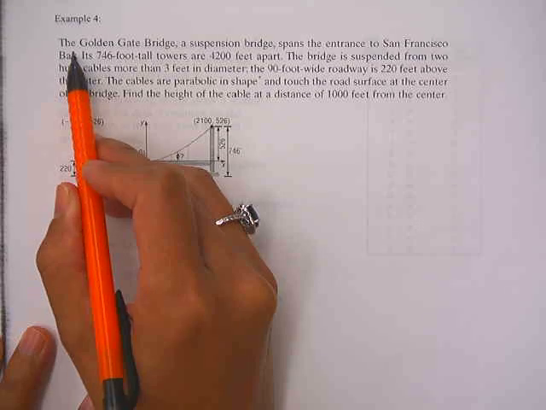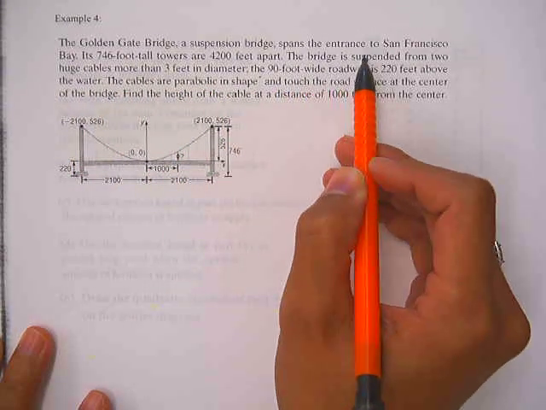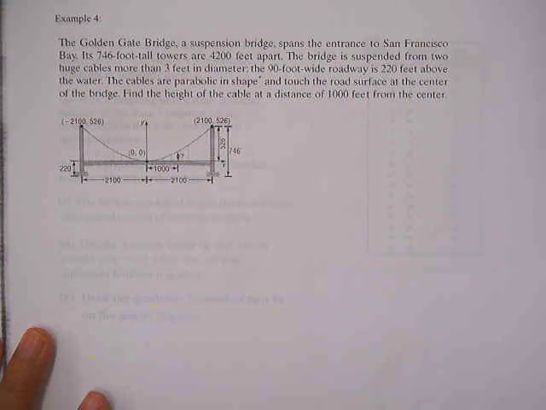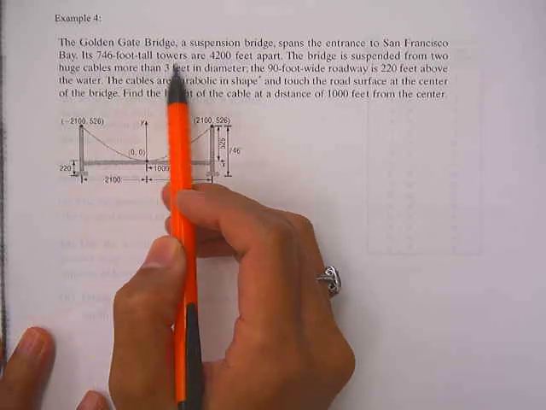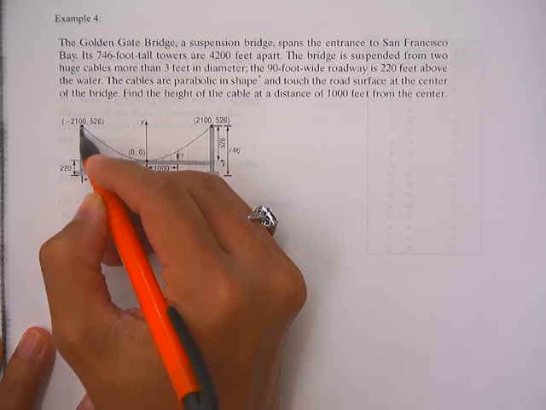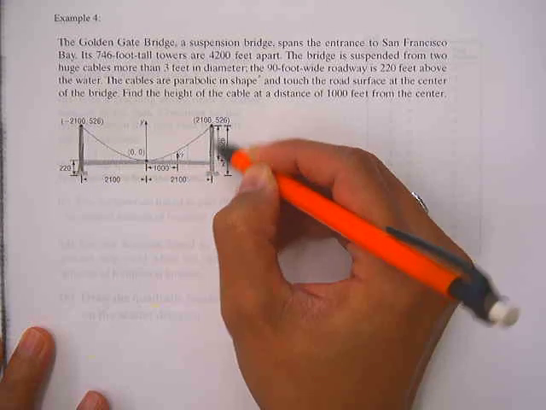Sentence number 1. The Golden Gate Bridge, a suspension bridge, spans the entrance to San Francisco Bay. So, first sentence is informative. Nothing there that we need to use. Its 746-foot tall towers: here's tower number 1, and here's tower number 2.